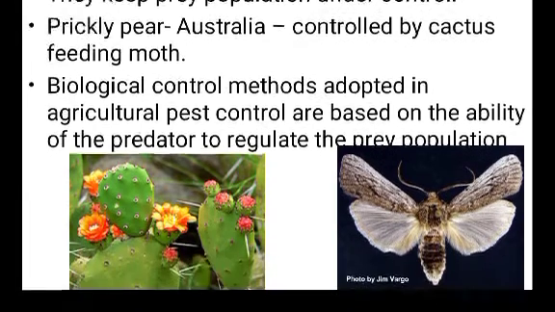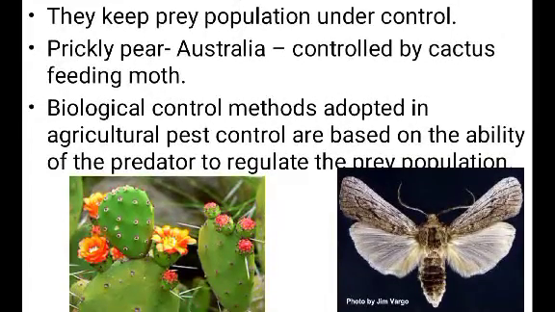So one example given here is in Australia, the prickly pear, that is this cactus, was introduced in the 1920s. So it was new to that country, and it was going on multiplying. The prickly pear was going on multiplying, and within a short period it was spreading over millions of hectares of land, and they were finding it difficult to remove this cactus plant.